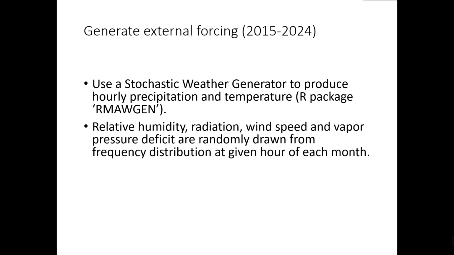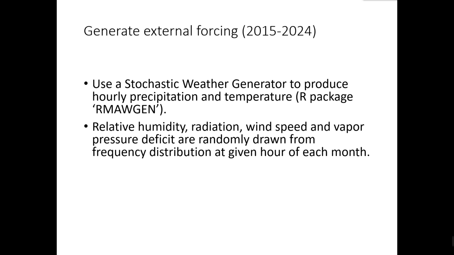In this study, we use a stochastic weather generator to produce hourly precipitation and temperature from an R package. And we also generate the other climate data randomly drawn from frequency distribution at a given hour of each month.